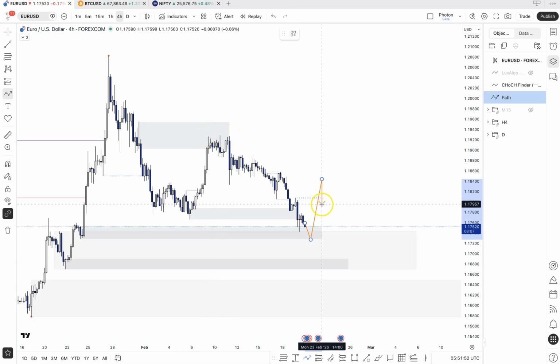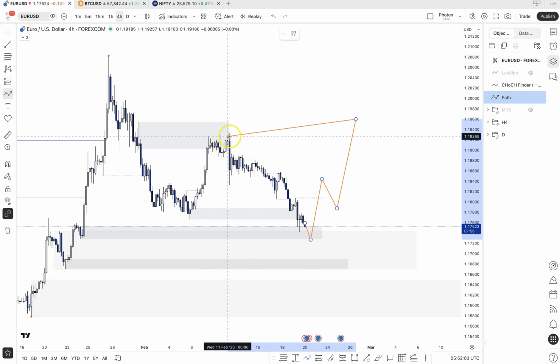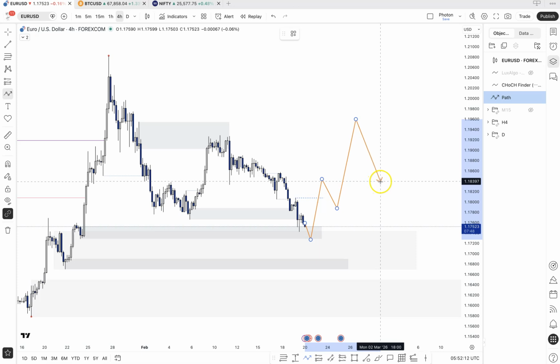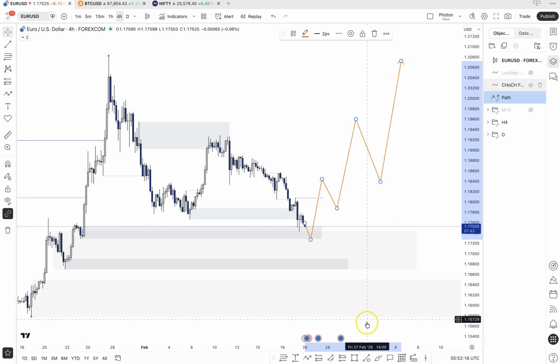So all these three over here, so maybe after we take out this, we get some kind of a reaction, and then we go on further to take this out. And once we've taken this out, I would be interested in looking at some kind of a demand zone which led to break of these three equal highs, and maybe once the price comes in there, that's when I'll be looking at playing a long.